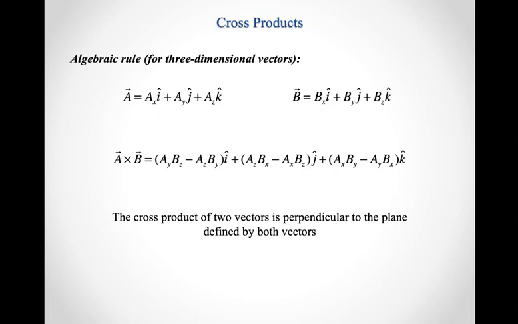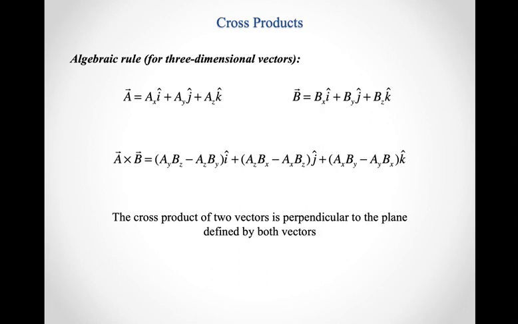but if we have two non-collinear vectors, vector A pointing off in some direction, vector B pointing in a different direction, those two vectors define a plane. We can draw a plane that runs through both of those two vectors, and then the cross product is always going to be perpendicular to that plane.